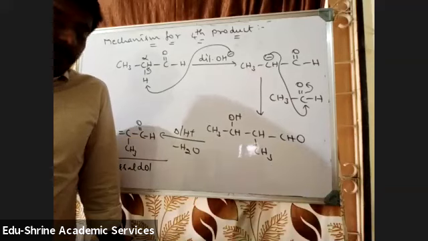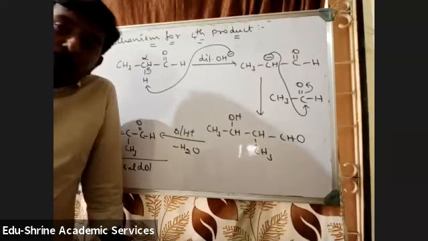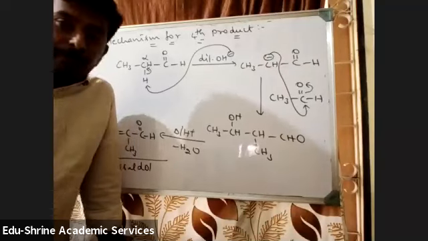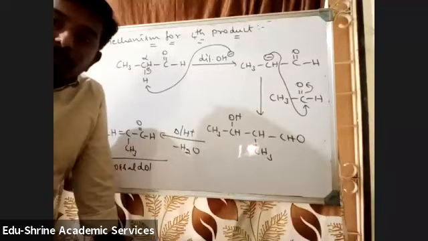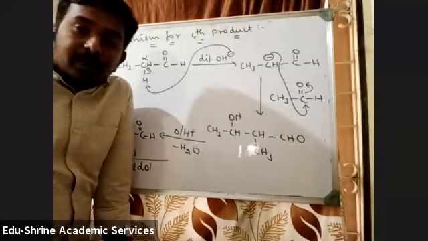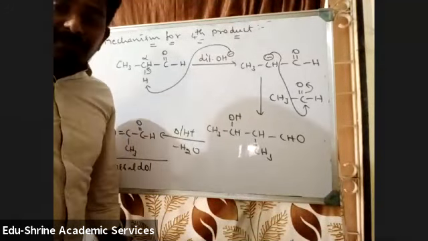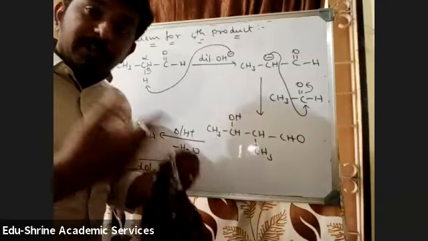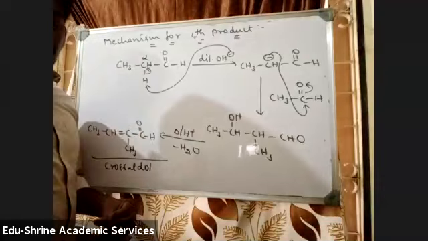Now the question is, out of the four products formed, which product will be the more stable one? Out of the four products formed, which one will be the more major product?